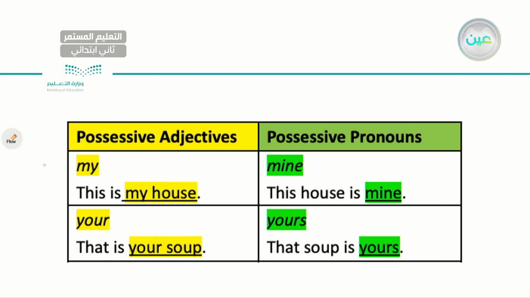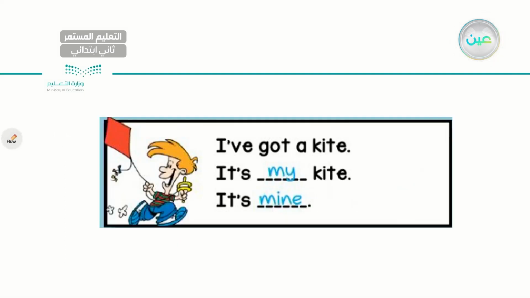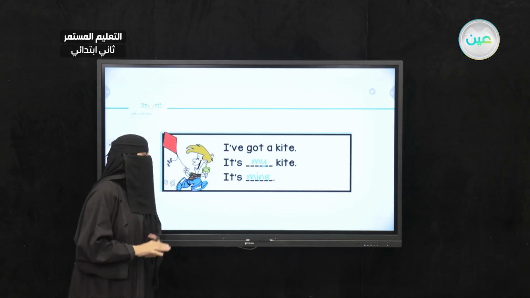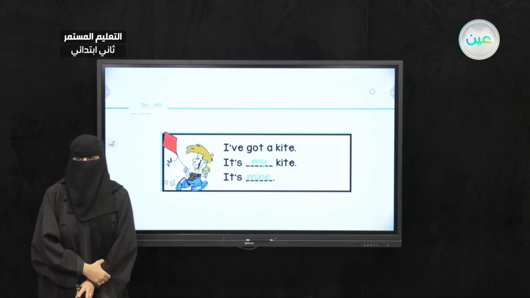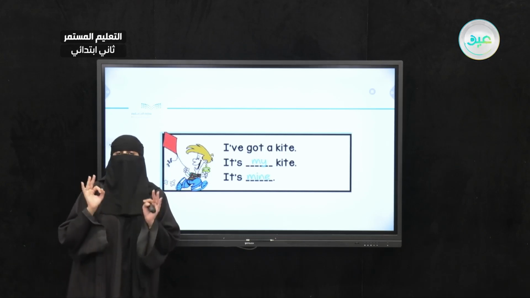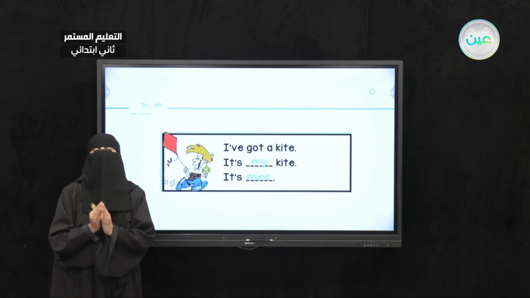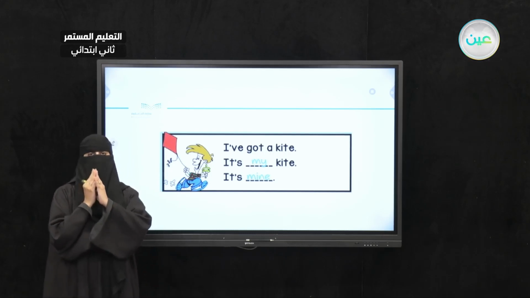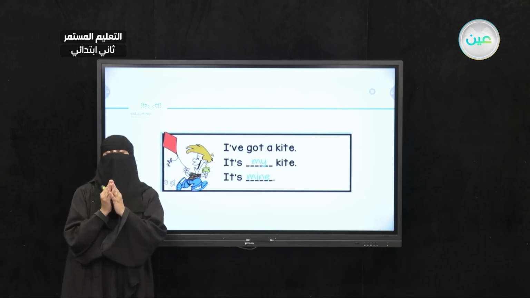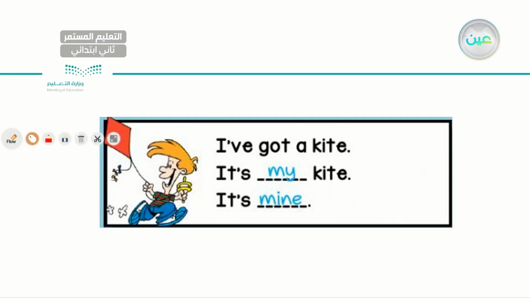Now let's have some exercises. I have got a kite. It is my kite. It is mine. So three sentences describing this picture. Three sentences have the same meaning. They describe this boy.